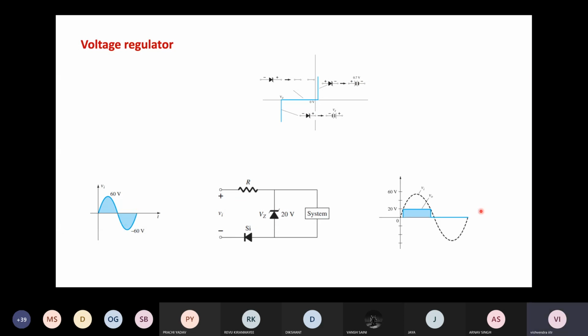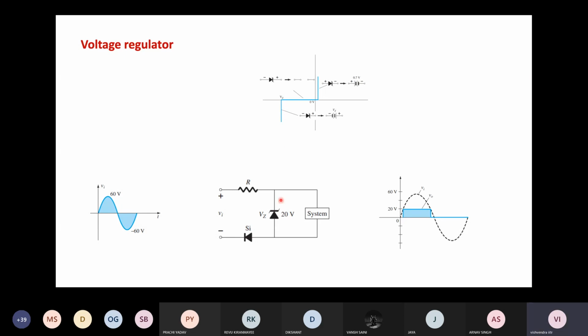What this circuit does is that as soon as the voltage goes above 20 volts, which is the Zener voltage of the diode, the Zener breakdown happens, and the voltage does not increase further.